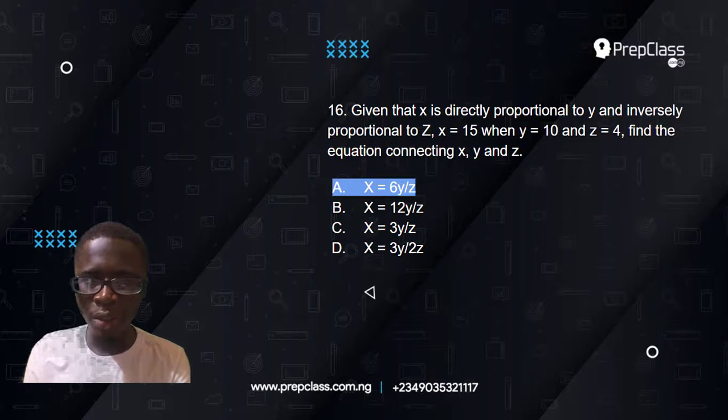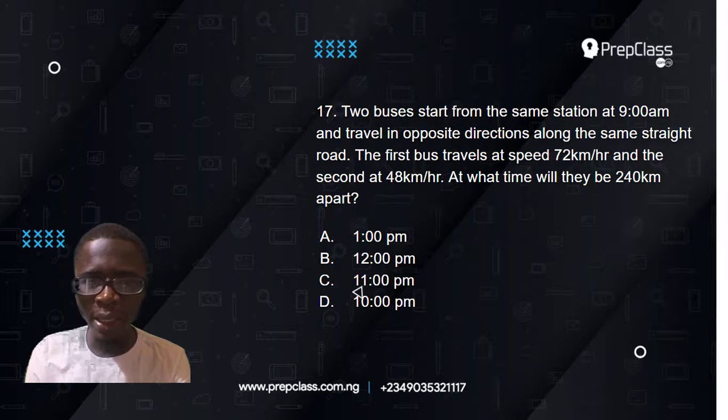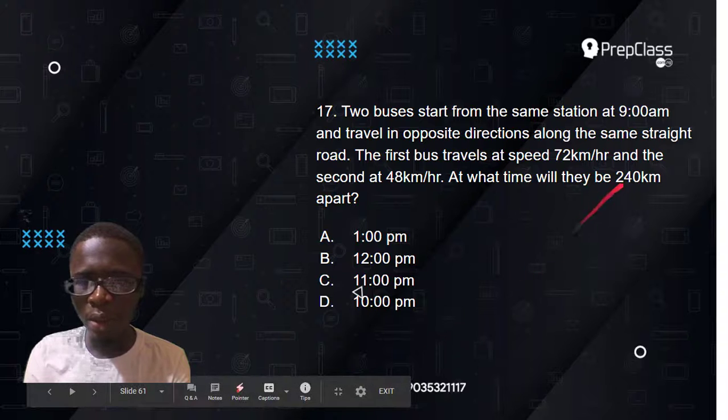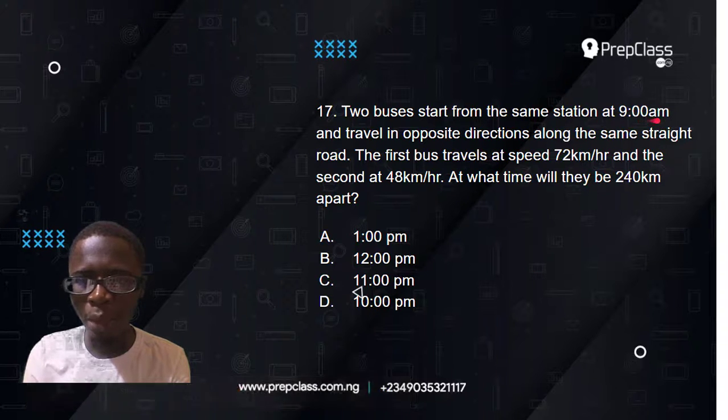Now proceeding to the next question, question number 17, and it says two buses start from the same station at 9 p.m. Please take note, this movement happens at 9 p.m. I think this is a type of error, and they travel in opposite directions along the same straight road.